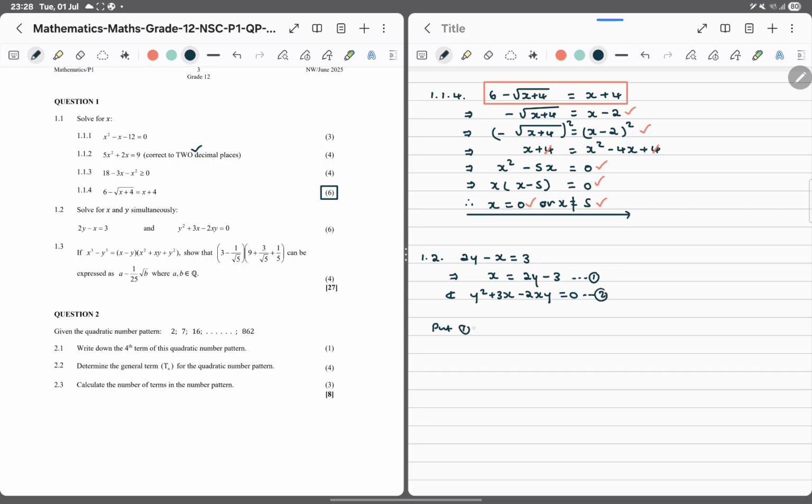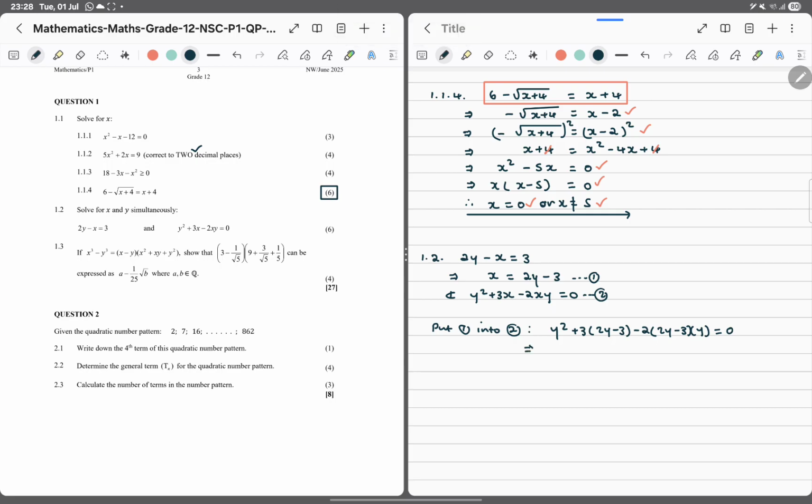We will put 1 into 2, such that we've got y squared plus 3, where we see x, we put 2y minus 3, minus 2 into 2y minus 3 into y, equal to 0.